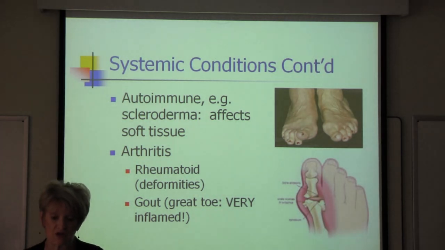Most of these patients are on anti-inflammatory agents for treatment, so they may be on steroids or other high-dose anti-inflammatories. Wound healing is always delayed because of the changes in the soft tissue, the hardening of the soft tissue. Wound healing is also delayed in patients who are on long-standing high-dose anti-inflammatories.